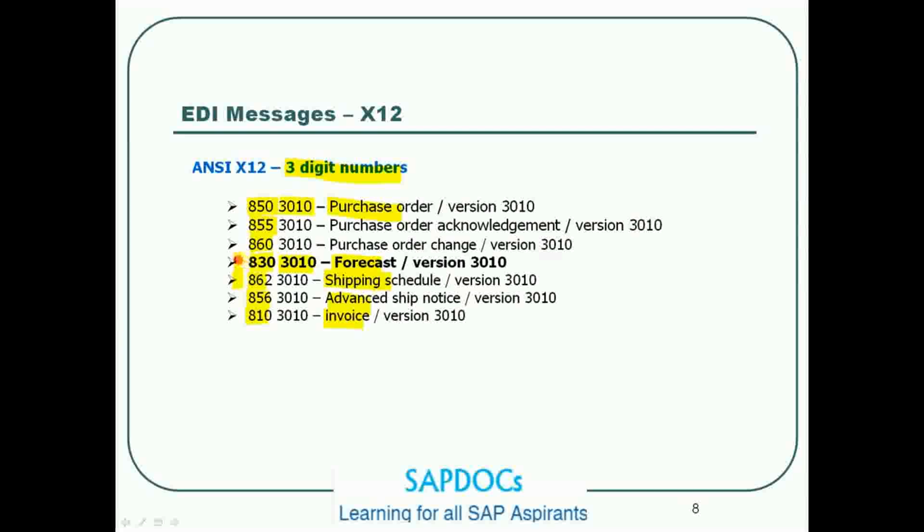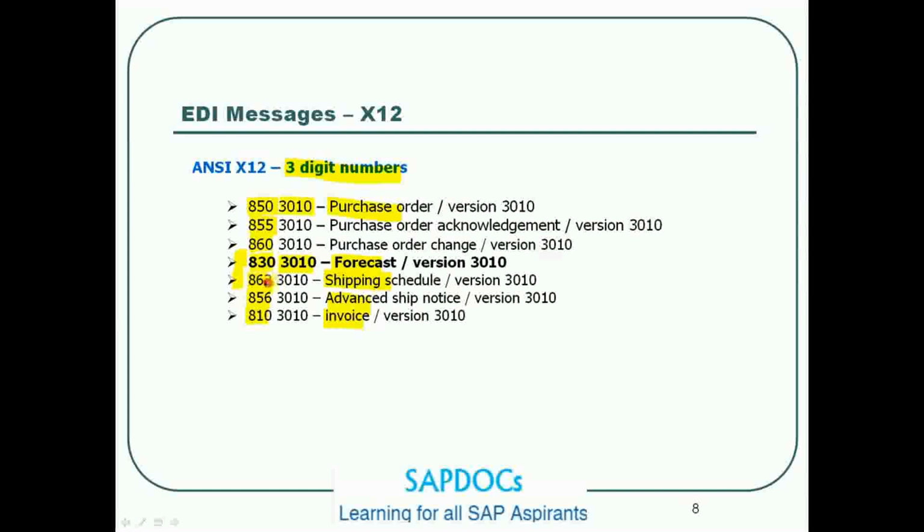In order to tell the supplier how much you need, you send an 830. This is my forecast, and based on that, you do your planning and your procurement.